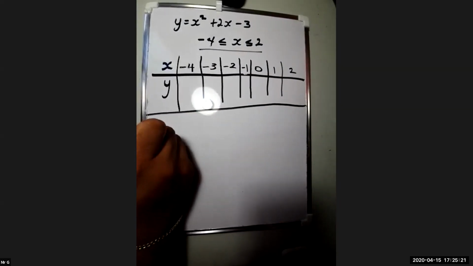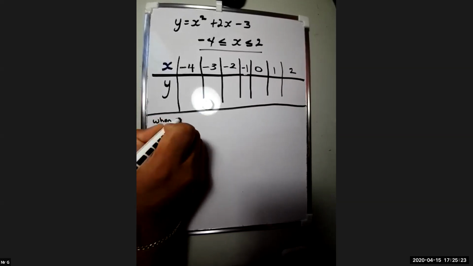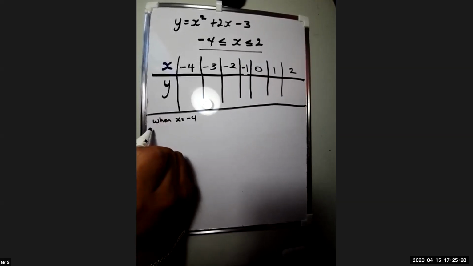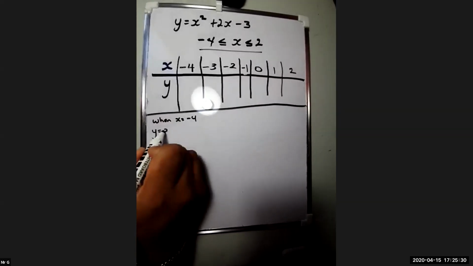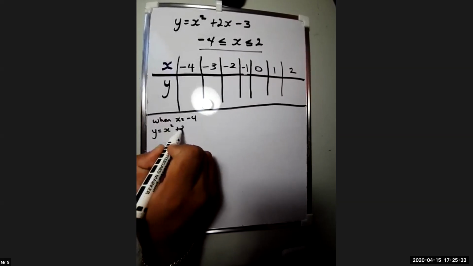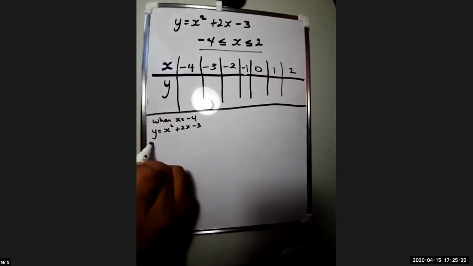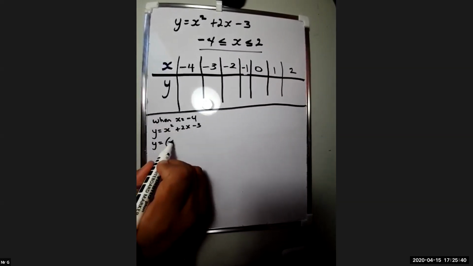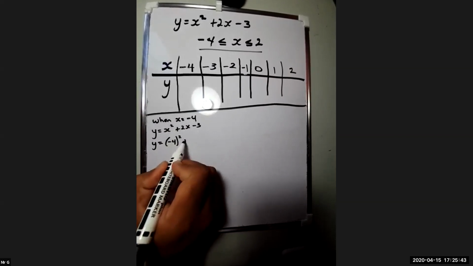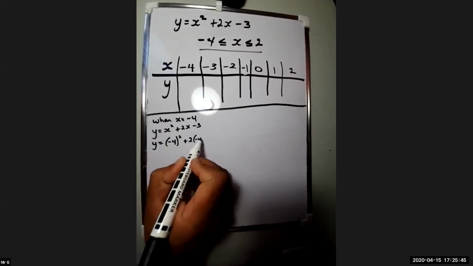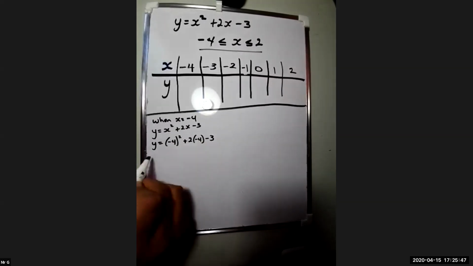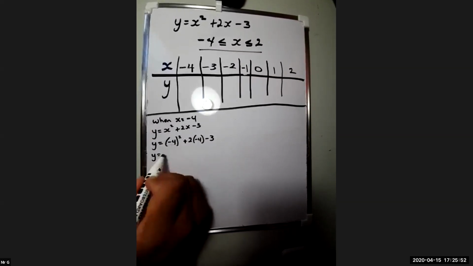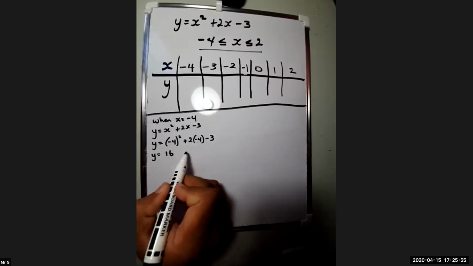So when x is equal to -4, we have y is equal to x squared plus 2x minus 3. So we substitute x is equal to -4 into this equation here. So we get -4 to the power of 2 plus 2 into -4 minus 3. -4 to the power of 2 is 16. 2 by 4 is 8.